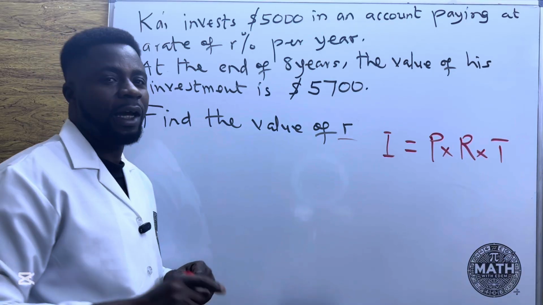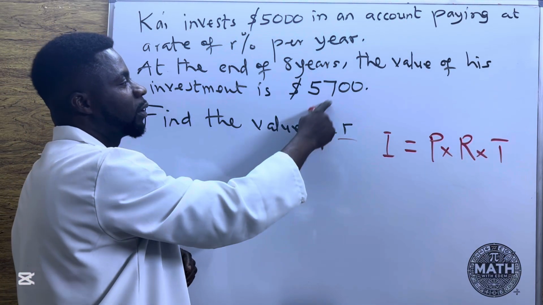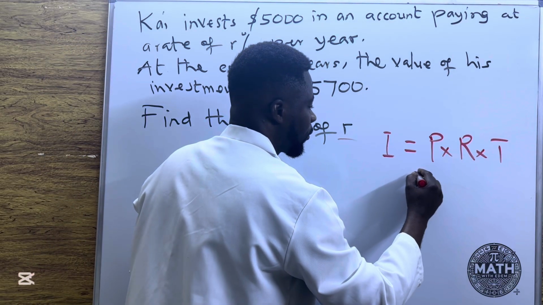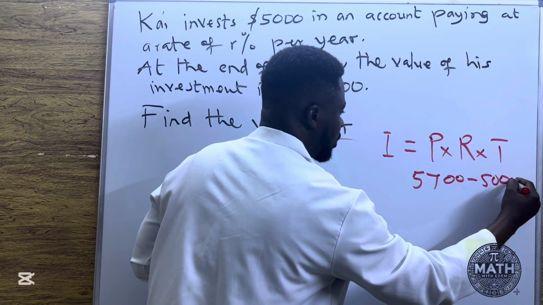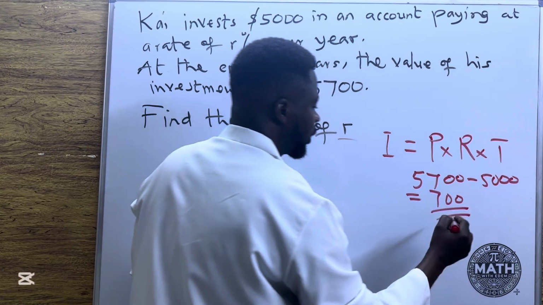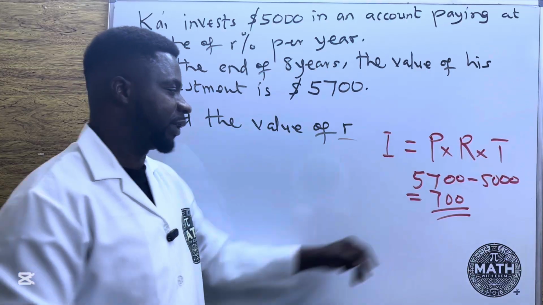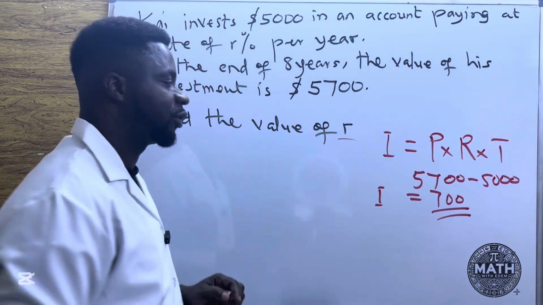The interest can be gotten from subtracting the initial amount from the final amount. So we have 5,700 minus 5,000, and that is going to give us 700. So our interest is equal to $700.